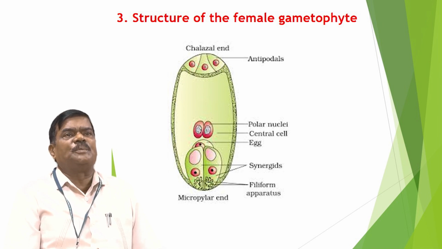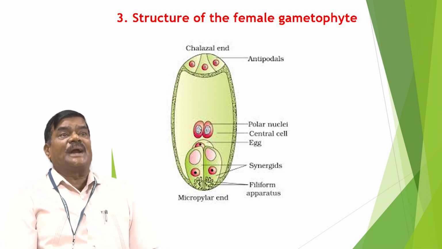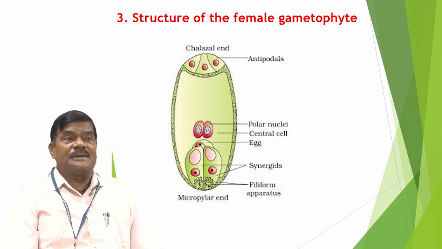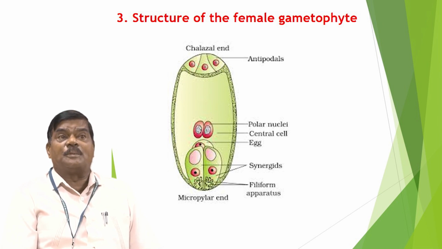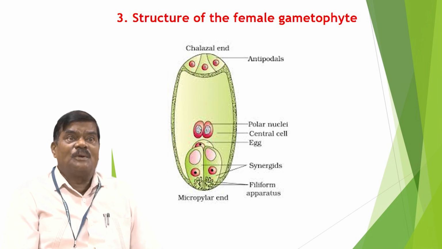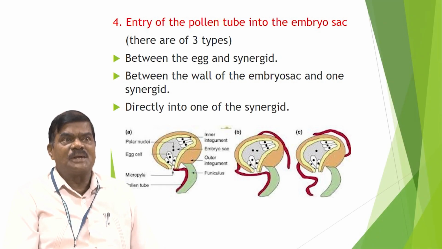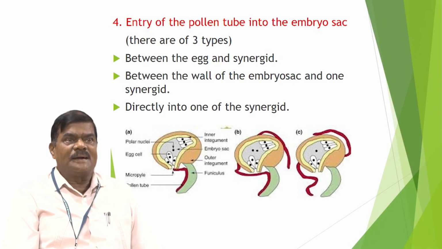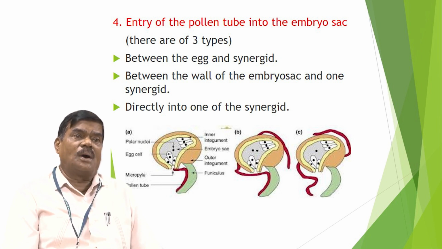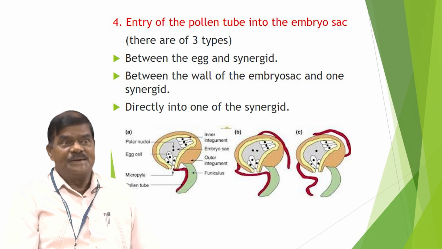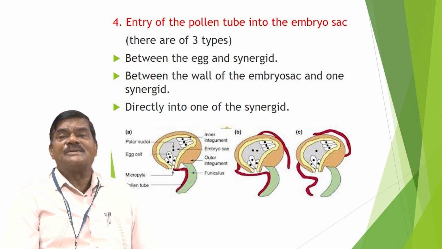Entry of the pollen tube into the embryo sac. This is the fourth point. The third one was the entry of the pollen tube into the ovule. Inside the ovule, the embryo sac is there. And the fourth point is entry of the pollen tube into the embryo sac. There are 3 types: between the egg and synergid, another one between the embryo sac wall and one synergid, and directly through one synergid.